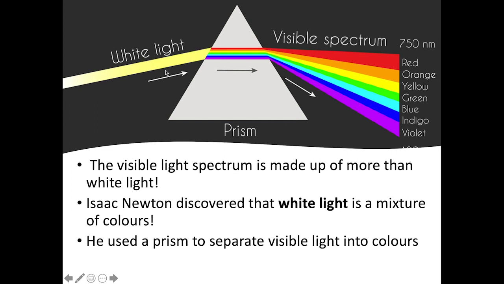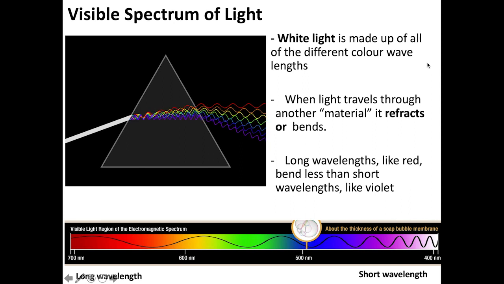When the light traveled into this glass prism, the light actually bent, making all of this visible. Why did it do this? The white light that traveled in was made up of all of these different color wavelengths. So when we think of light, white light specifically, it also exists along a spectrum. Red is at a longer wavelength, and this is where the visible light spectrum begins, so it encompasses all those colors.